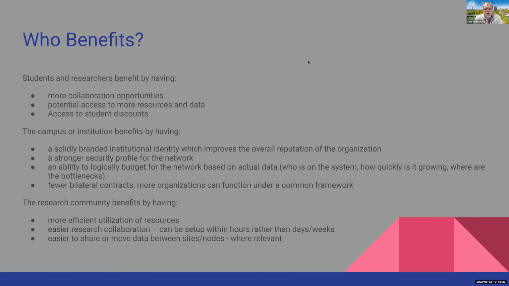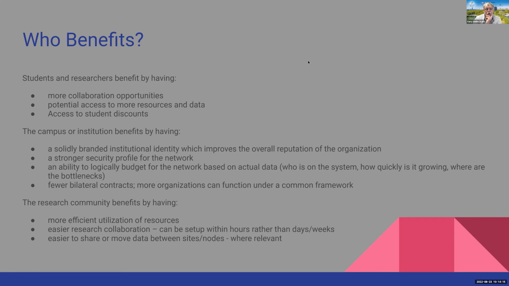The ability to logically budget for the network based on actual data, so they can see based on usage what's happening, where the bottlenecks are, what's happening at the federation level, because it's all coming through to a single point, and they can monitor that. And they reduce the number of bilateral direct connections from organisations. Organisations can function under the common framework of the federation.